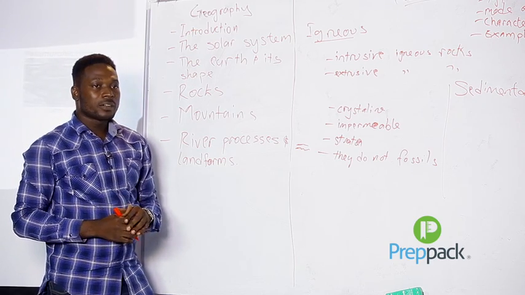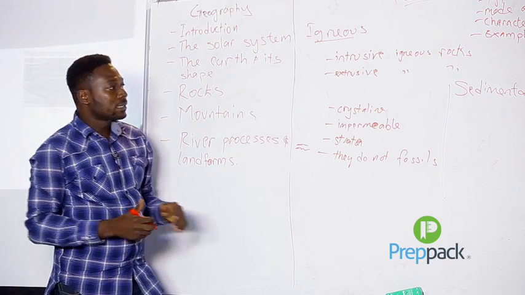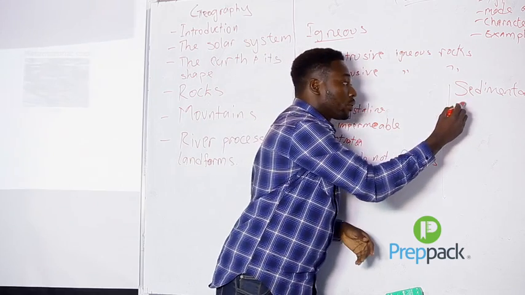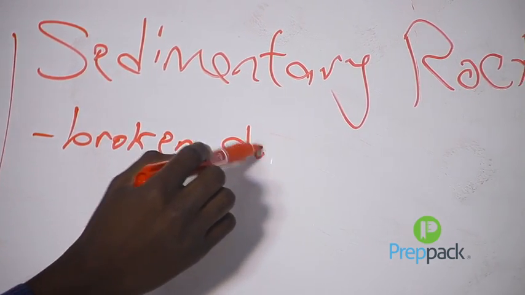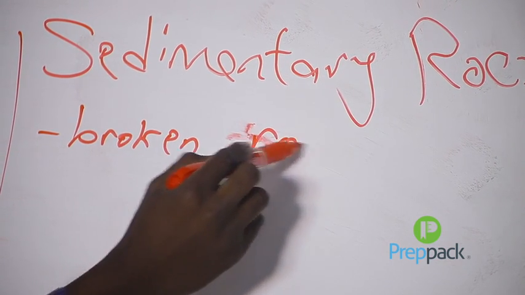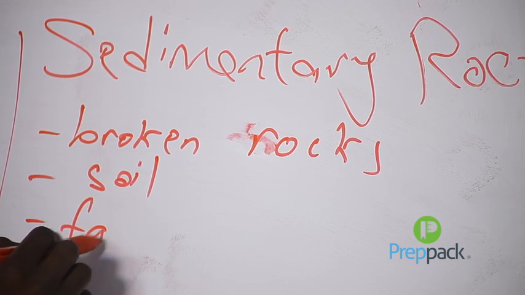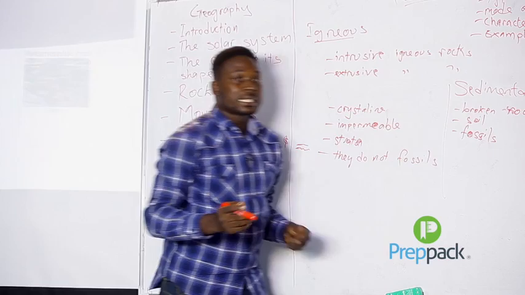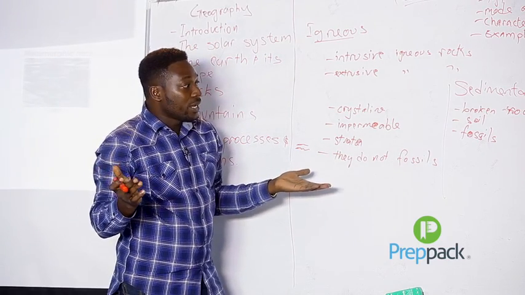We have different constituents. It could be broken down rocks. It could be soil. It could be fossils. And I said fossils are the dead remains of plants and animals. It could be sand. It could be anything.